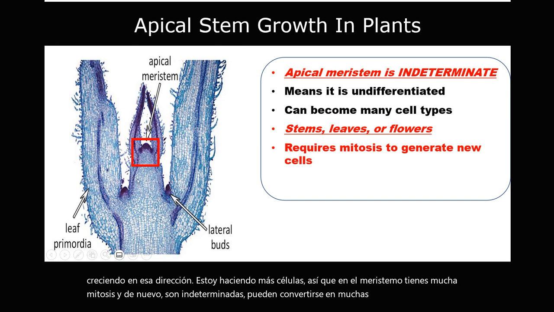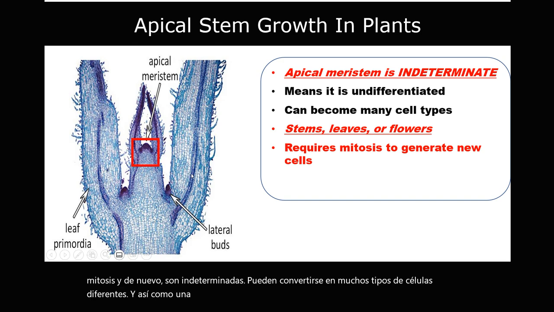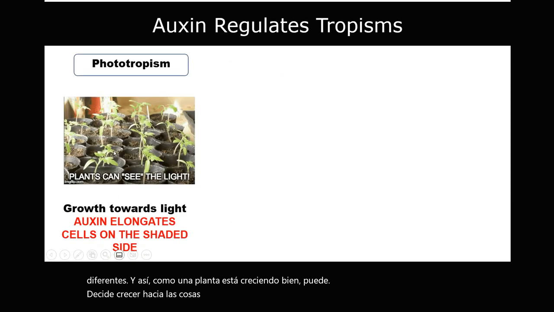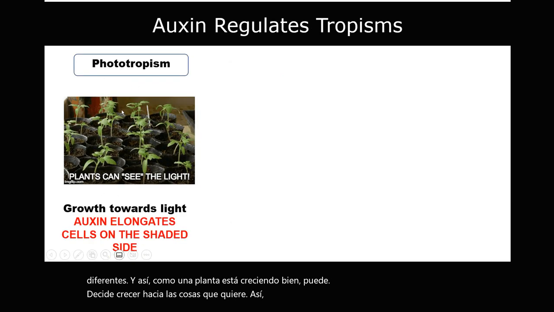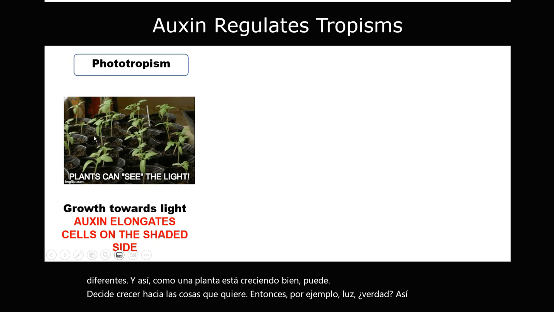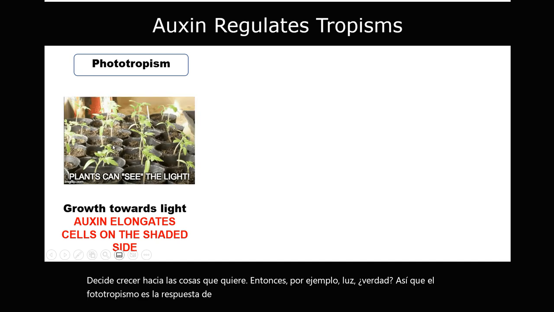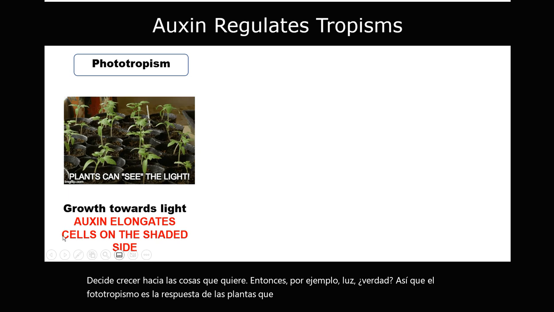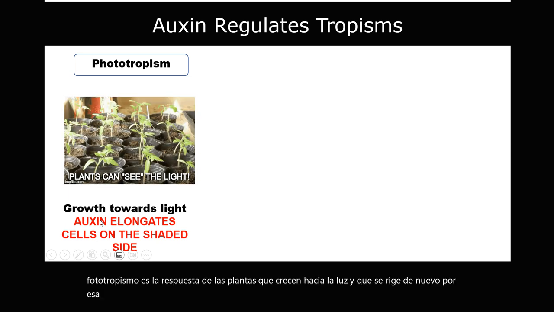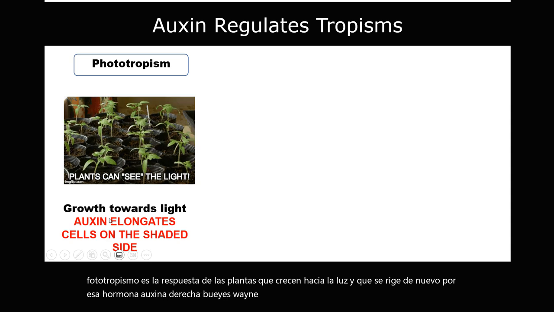And so as a plant is growing, it can decide to grow towards things that it wants. So for example, light. Phototropism is the response of plants growing towards light. And that is governed by, again, that hormone auxin. Auxin, main jobs: promoting cell growth and elongating the cells.